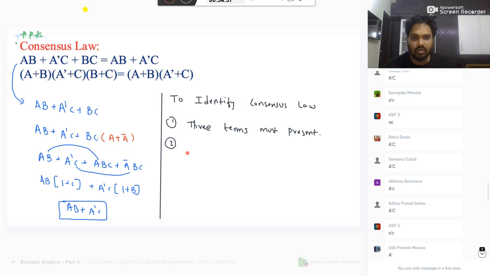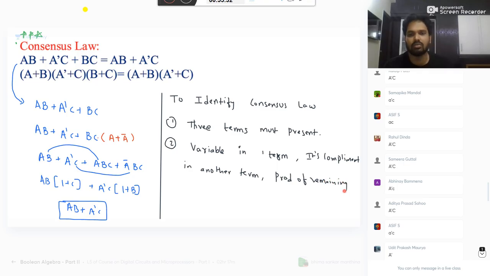Next, we have one variable in one term, its complement in another term, and the product of the remaining variables as one more term.